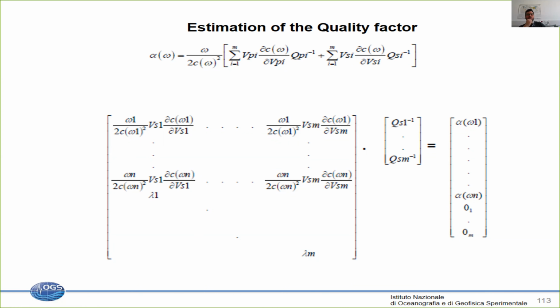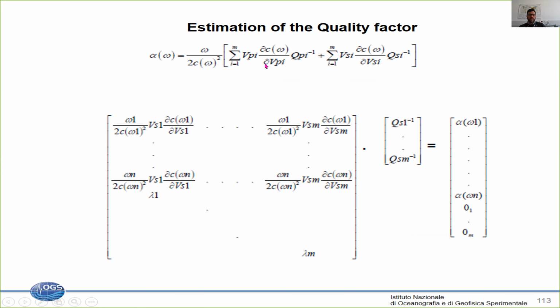Okay, this is simply a linear system of equations. In some cases where, for example, the medium is not saturated, the effect of VP becomes negligible. So this part of the equation can be neglected. For the sake of simplicity, now I show you that what remains is this term, omega divided by 2c omega square, omega c square omega.